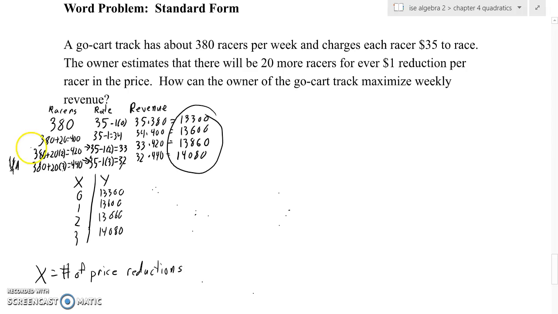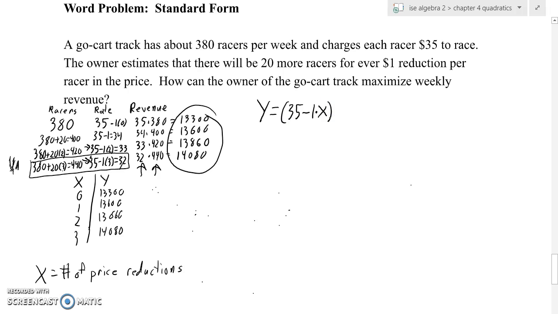So looking at one of these to come up with what two things I'm multiplying together to get my Y, my revenue. The 32 came from 35 minus 1 3 times. Minus 1, the number of price reductions, is my x.